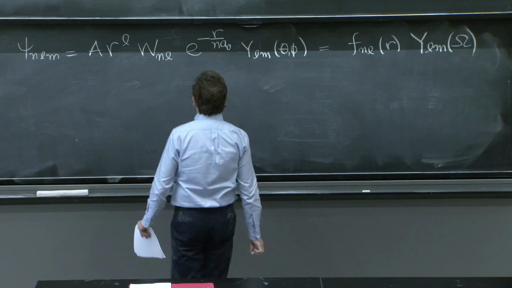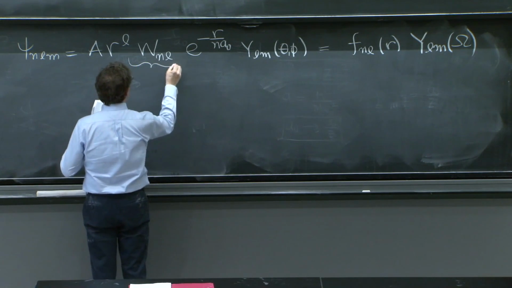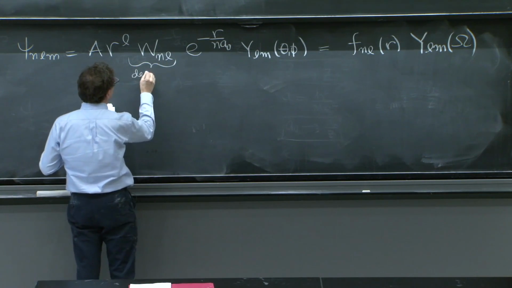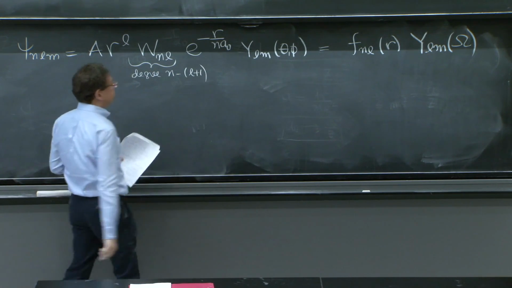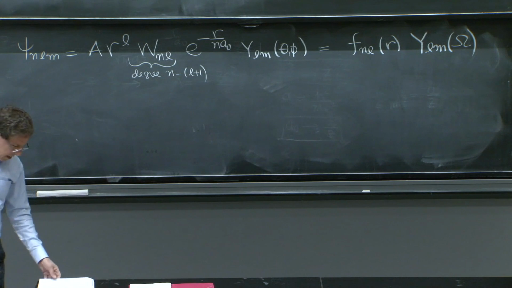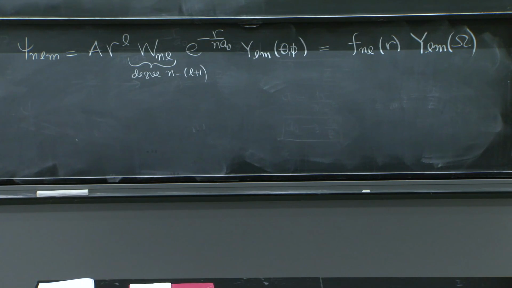And what do we know about this polynomial? It's of degree n minus L plus 1. That's it. And it depends on r.